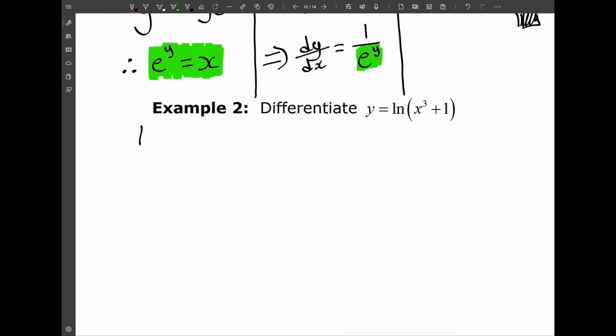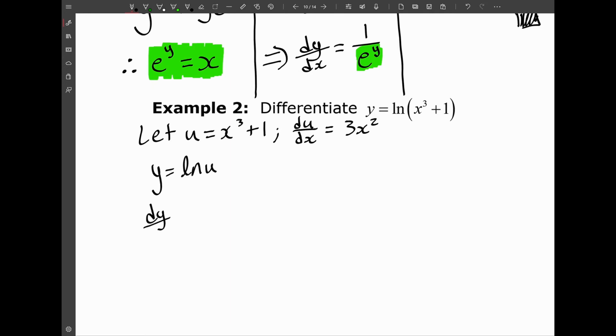So let's let u equal x cubed plus 1. And if we do that, that means du/dx is equal to 3x squared. So what we get then is y is equal to the natural log of u, meaning dy/dx is equal to 1 over u, because we know the derivative of the natural log of something is 1 over that thing.